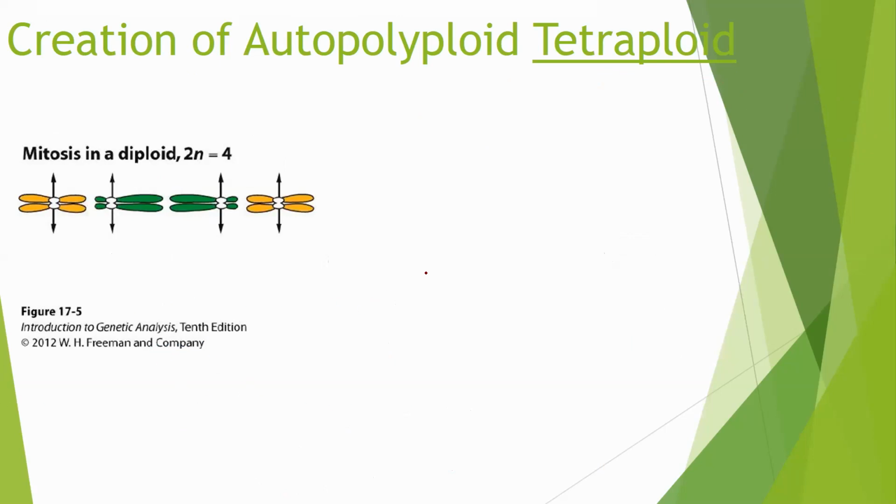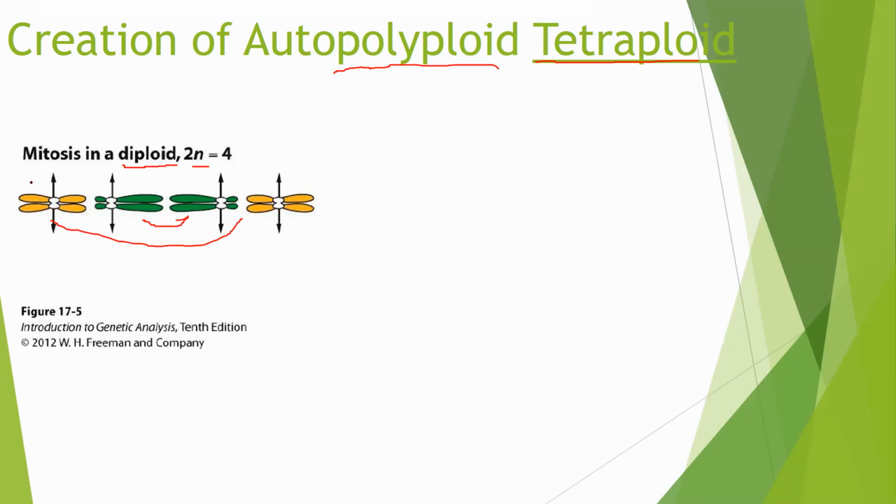if we have a diploid individual, how can we produce a polyploid, like a tetraploid individual, from a diploid individual? This is what we can do. If we have a regular diploid individual, for each one you have 2 copies, right? 1 copy and 2 copy.